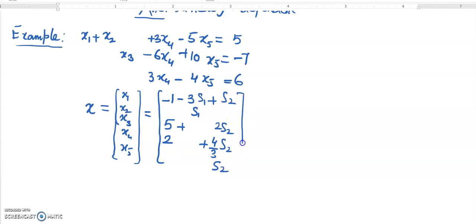Okay, and of course this system can be written like this: minus 1, 0, 5, 2, 0.